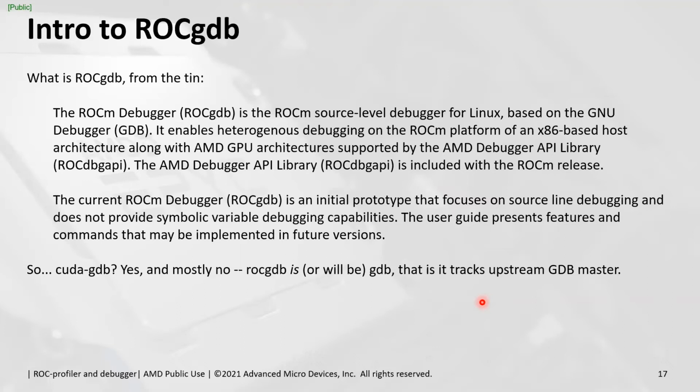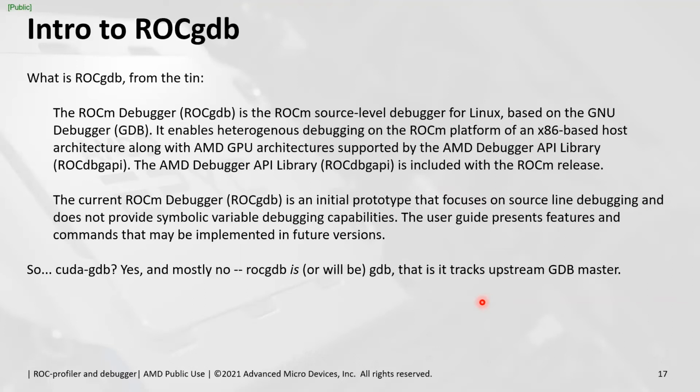It enables heterogeneous debugging on the ROCm platform of an x86 host architecture along with GPU architectures, which is supported by the AMD debugger API library. And just like rocprof, the AMD debugger API library is included with your ROCm release.